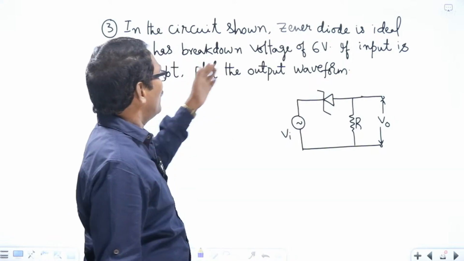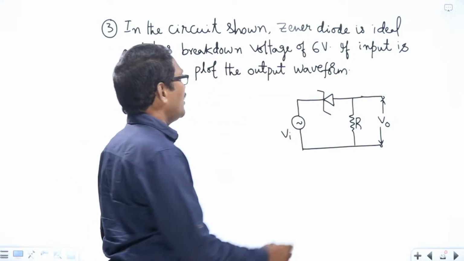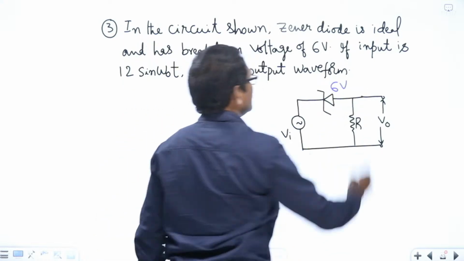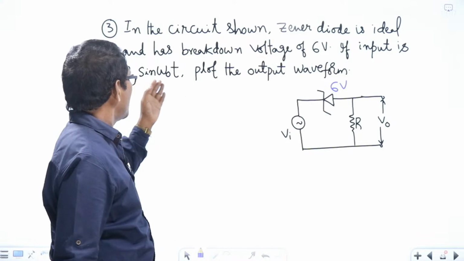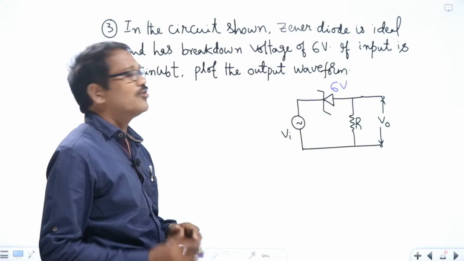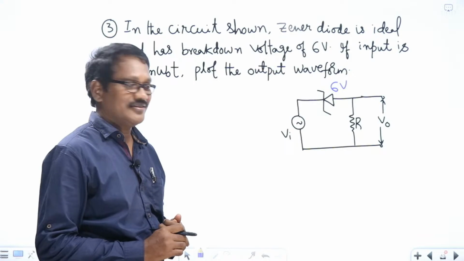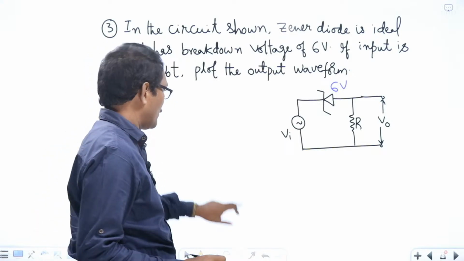So the breakdown voltage of the Zener diode is 6 volts. If the input is 12 sin omega naught t, plot the output characteristics. So we'll see.